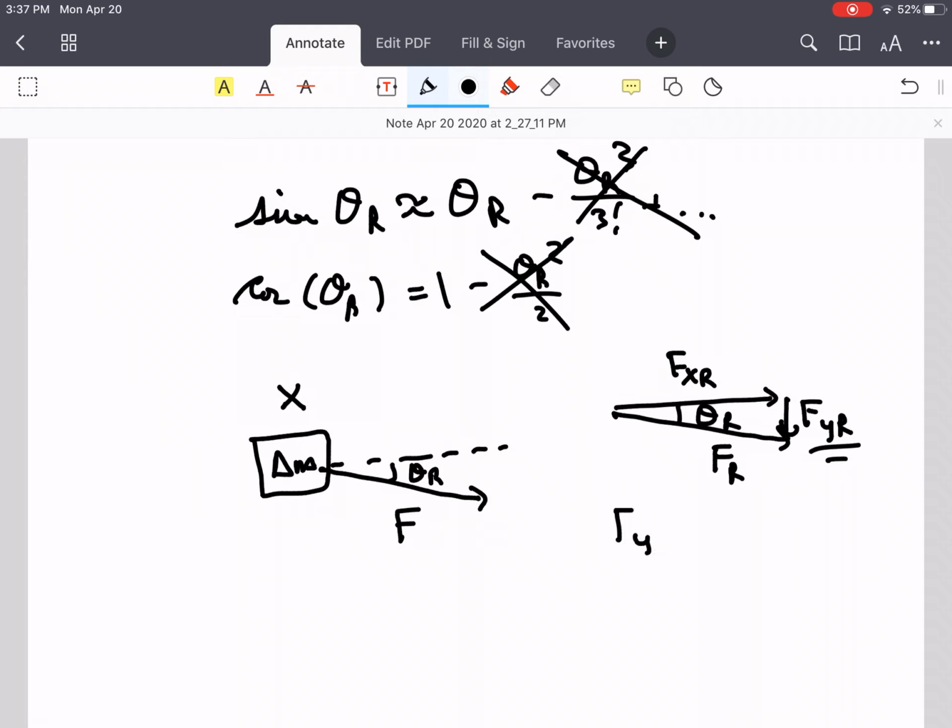So Fy on the right hand side is F times sine theta, right, because it's opposite. And again, I can appeal to my small angle approximation and say this is approximately equal to F times theta. We'll leave that alone for now, but it's going to come back in just a quick second.